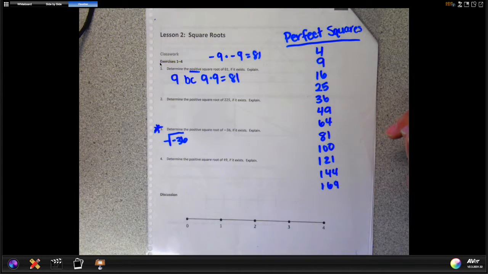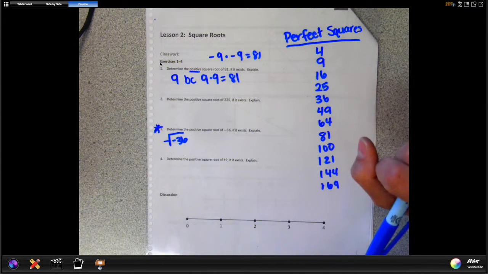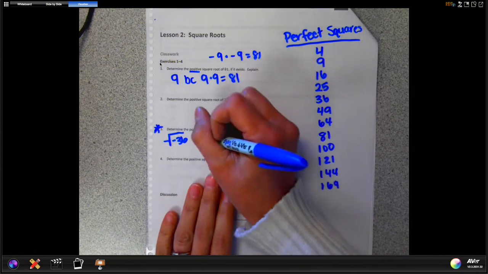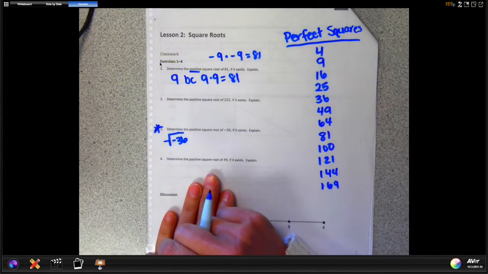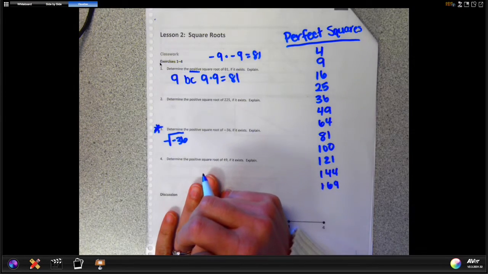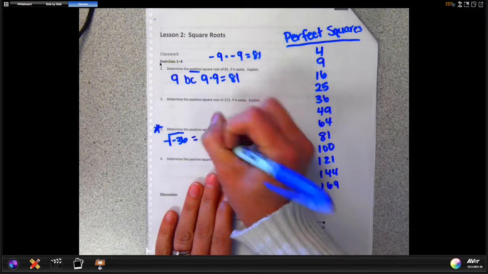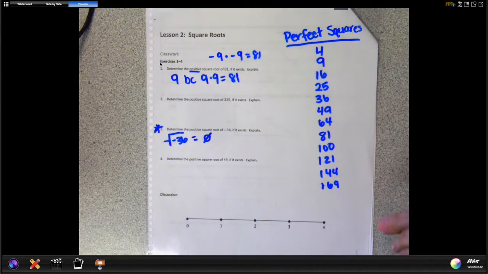Well, the only way to get negative 36 is 6 times negative 6, excuse me, but that's not the same number. 6 and negative 6 are not the same. So 6 times 6 is 36, and negative 6 times negative 6 is still positive 36. So there's no way we can get this. So our answer here is no solution, because we really can't get that. So that's the first thing that we want to talk about.